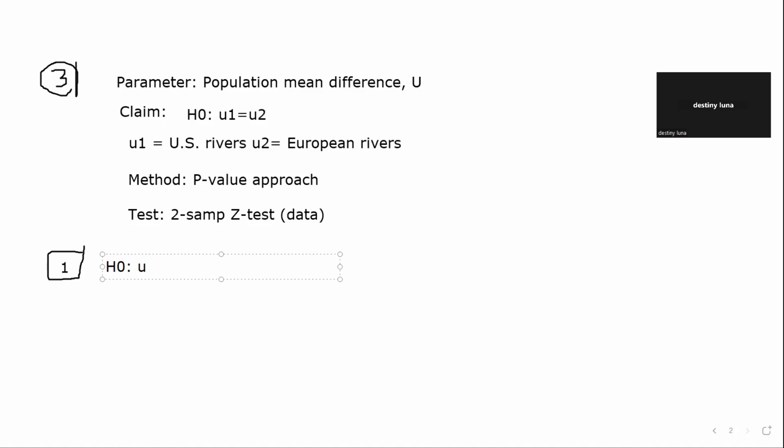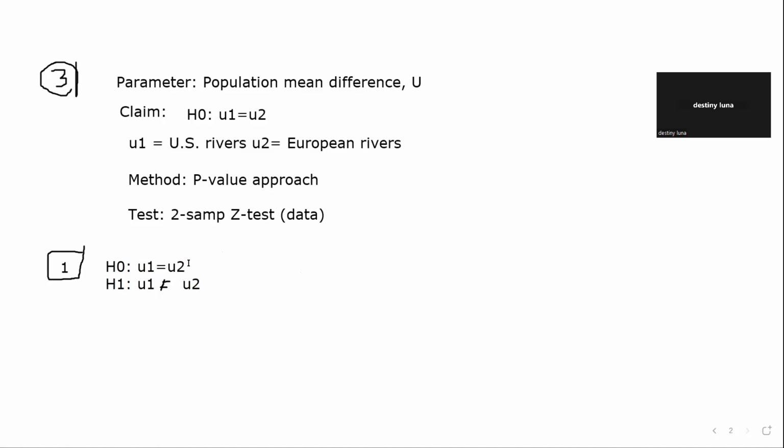H0 is mu1 is equal to mu2. And H1 here would be mu1 is not equal to mu2. And they're not equal. And remember the claim here is that we're testing to see if they're the same, right?